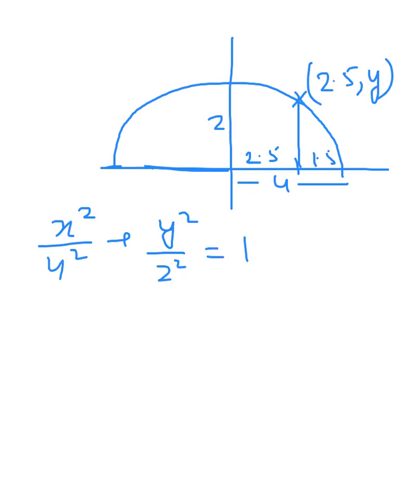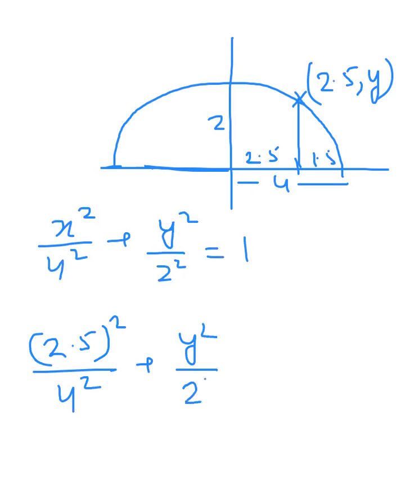Let us put 2.5 square upon 4 square plus y square upon 2 square equals 1. You have to calculate the value of y. That will be the height of the semi-ellipse at this point. Again, I'm telling you, this is a very good, easy question.